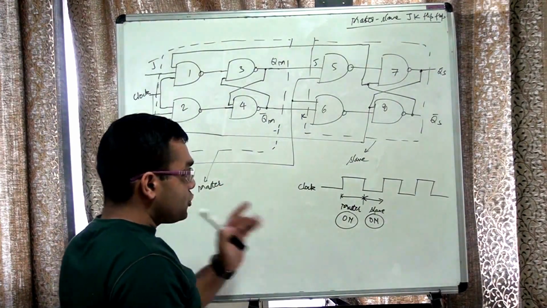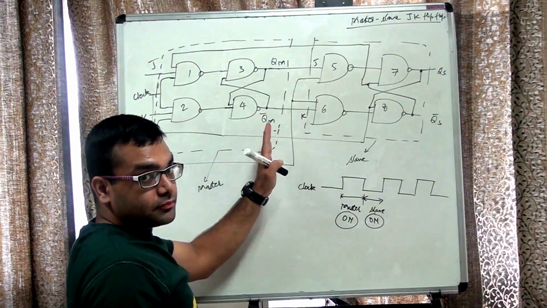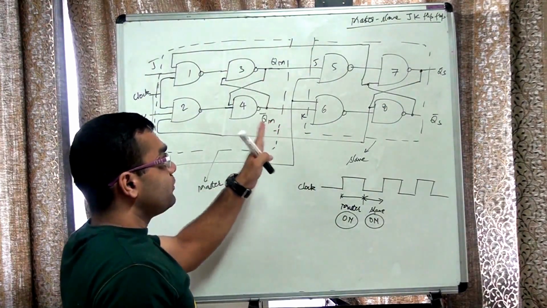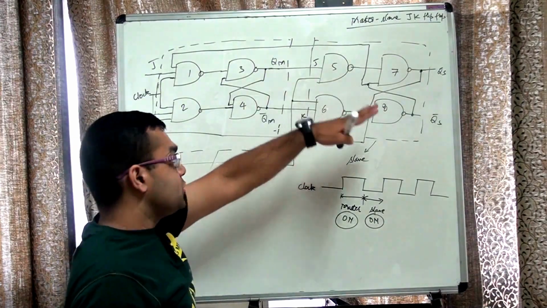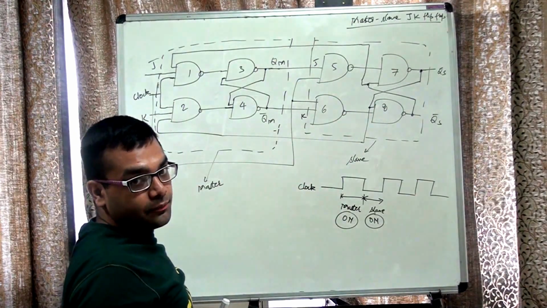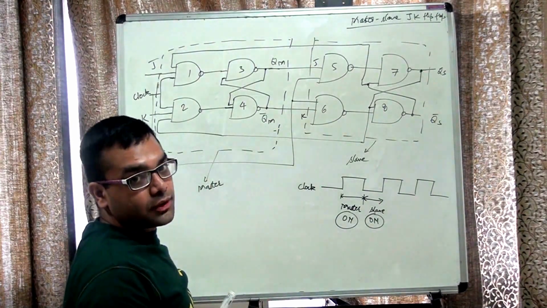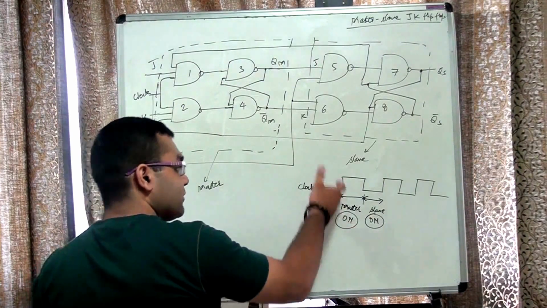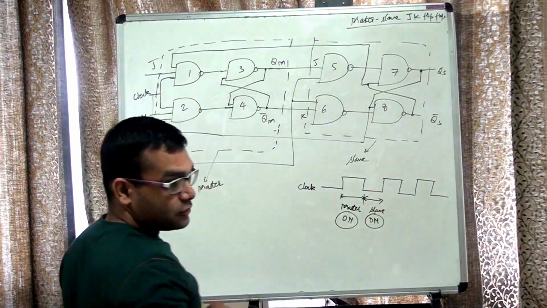But since my master is off, it cannot produce new outputs QM and QM bar, which are the inputs to the slave. So QS and QS bar do not change. You can see we have overcome the problem of race around. Because in the positive cycle, master works and slave is off; in the negative cycle, slave is on and master is off.